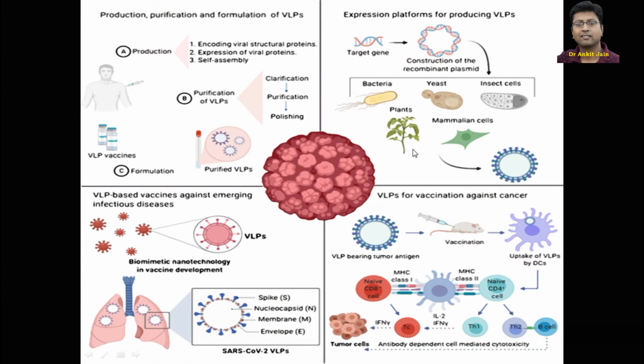They are produced not only from viruses but also from bacteria, yeast, insect cells, plants, and mammalian cells, and sometimes from different chimeric particles, and they are also used for the treatment of cancer.